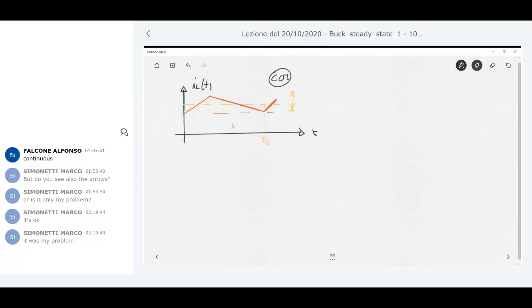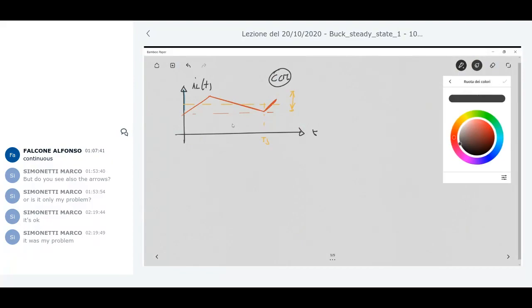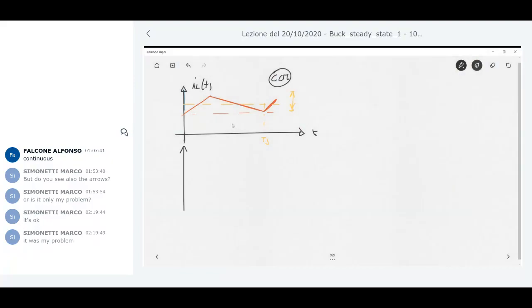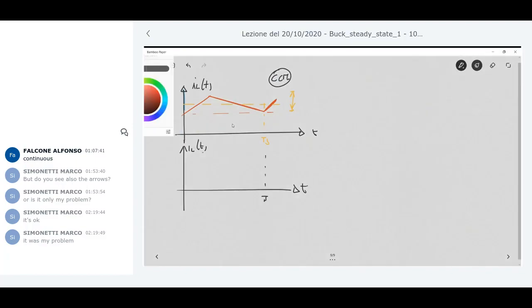Of course, this current can be different from this. For example, a current typical for a buck operated in discontinuous conduction mode has a behavior similar to this.